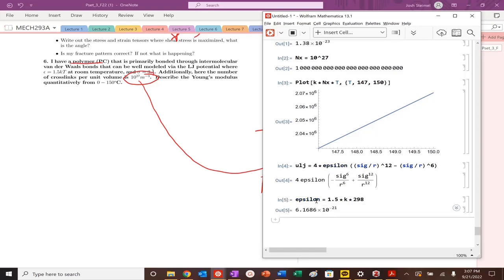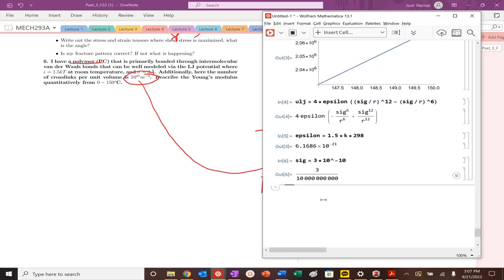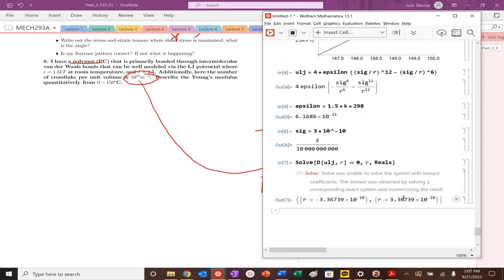That value will change slightly, but it's not really changing effectively, so we could essentially give it that value. Now solve for dULJ as a function of r, set it equal to 0, because we need to find our r naught. Now that I have my r naught, I could take the derivative and look at that value.